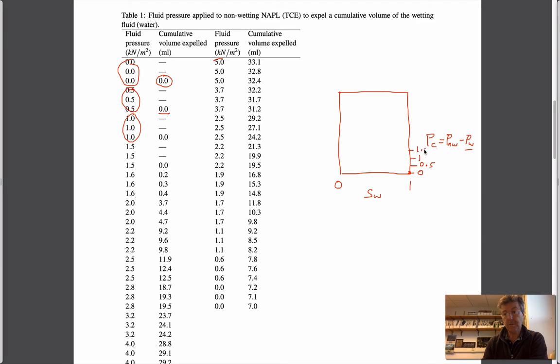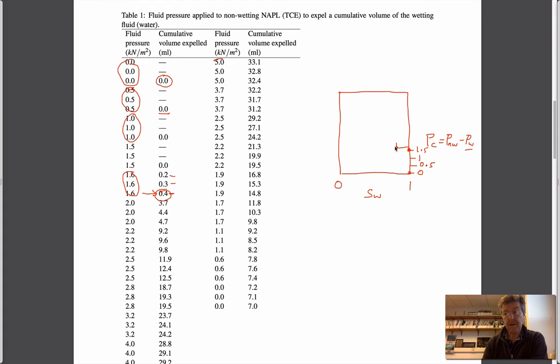So you know that at 1.5, the saturation has to be still 100% water. As you go up to 2, all of a sudden you expel some water, initially a small amount, and progressively a larger amount. And so at 1.6, all of a sudden you end up with this point here, which represents this.